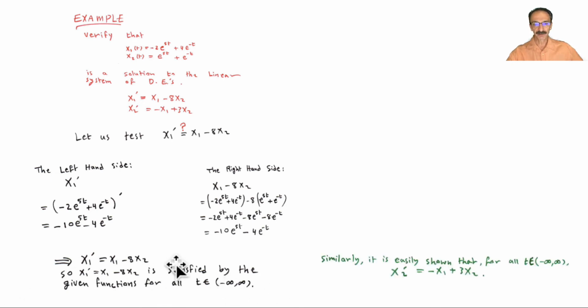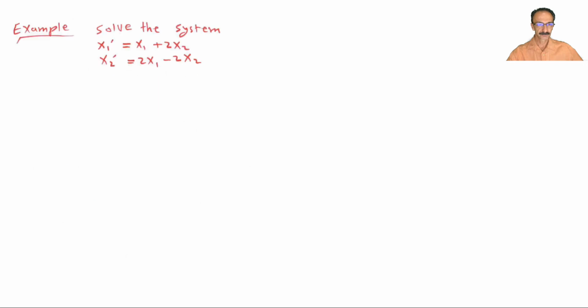In the same way, we could just verify that it works for x2 prime. Let's see a different example. Now here we're solving, not verifying. And this is a new technique. It's so neat and simple at the same time, and I'm sure you're going to like it.